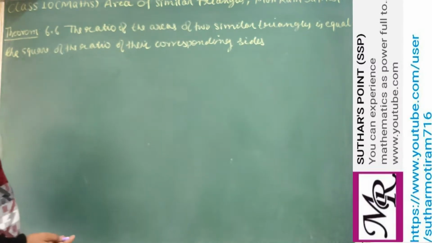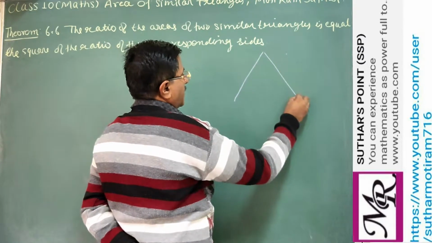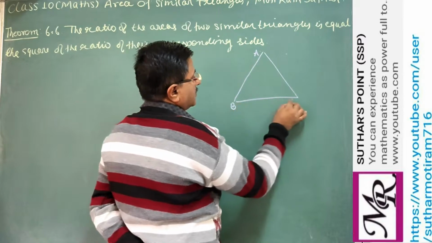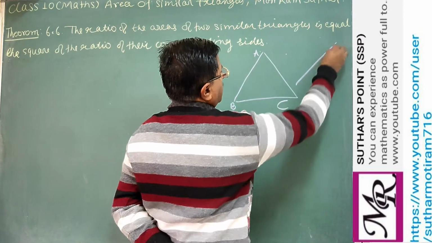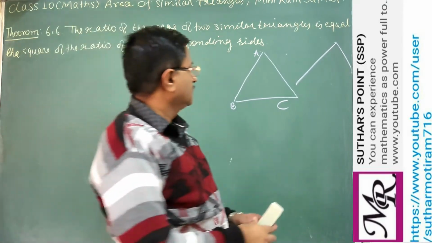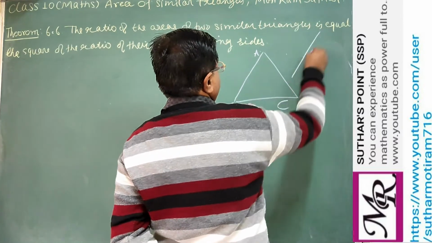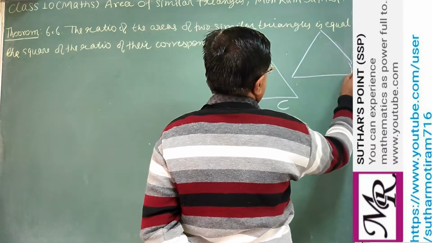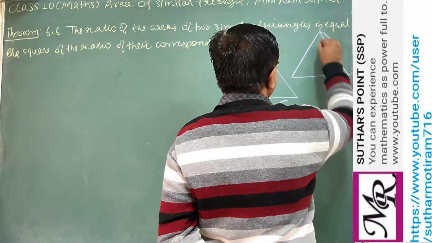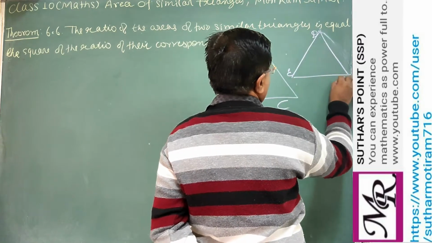As usual, here we are given two triangles: triangle ABC and triangle PQR. Suppose this is triangle PQR, or you can say DEF, any you may take.